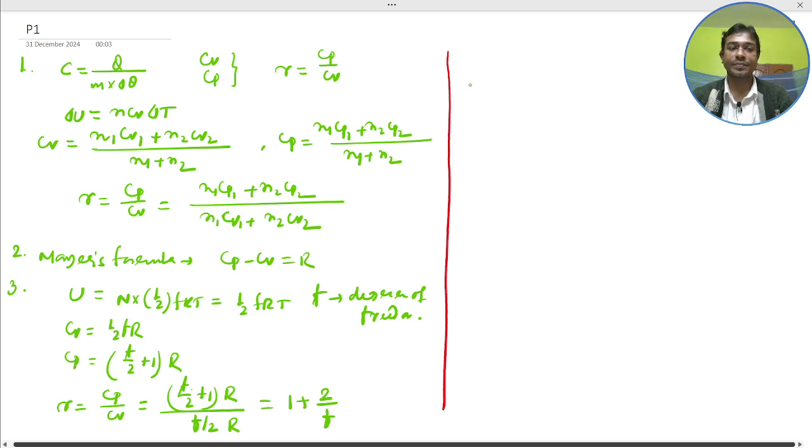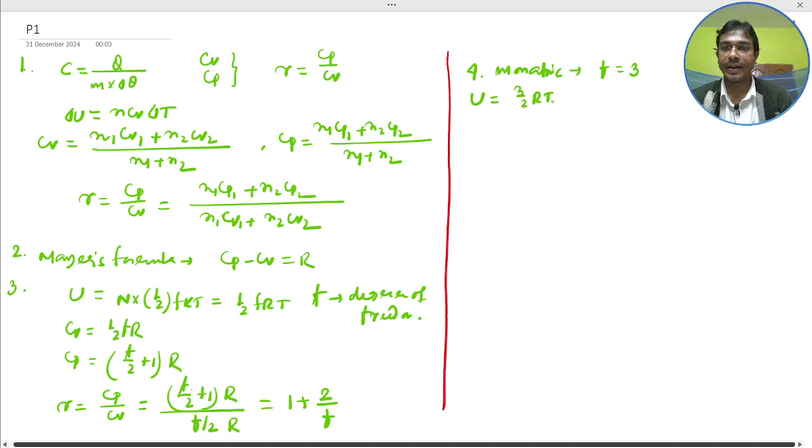Next, a monoatomic gas has only 3 translational degrees of freedom. So for monoatomic, f is 3. So U equal to 3 by 2 RT.